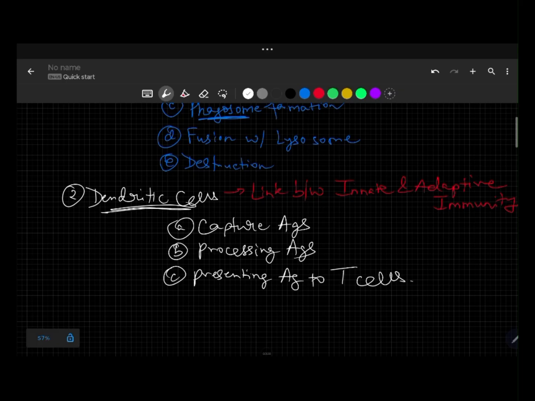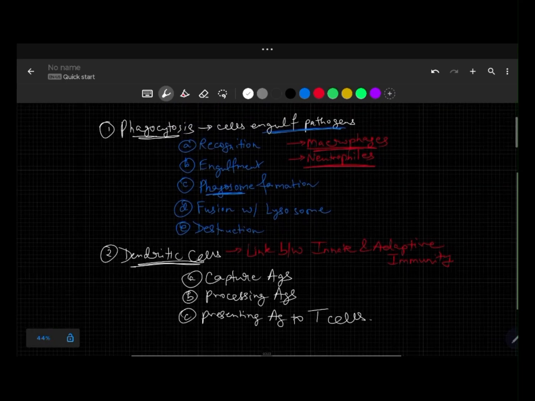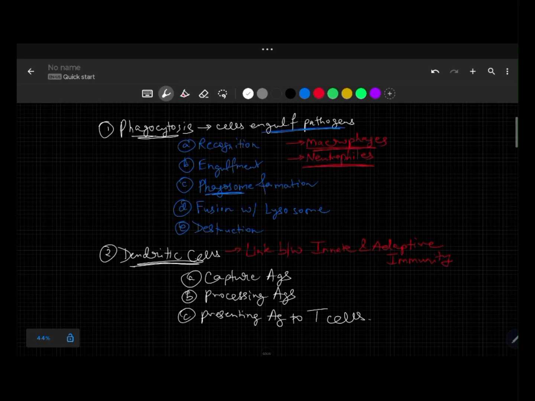So the initial first phase is the phase of innate immunity, and then they move on to recognition by T cells, which is the phase of adaptive immunity.